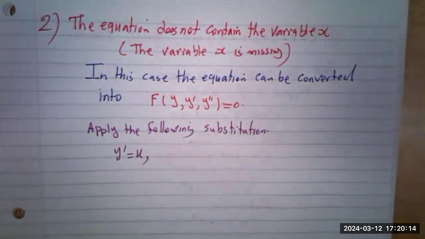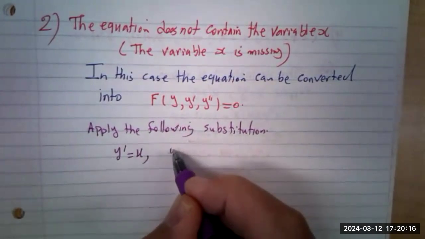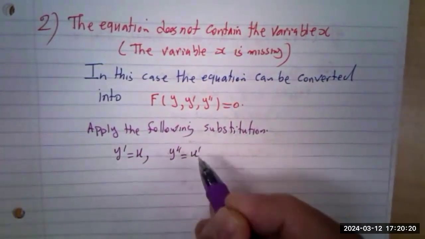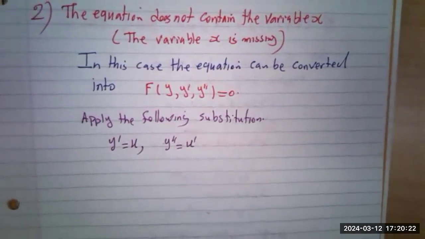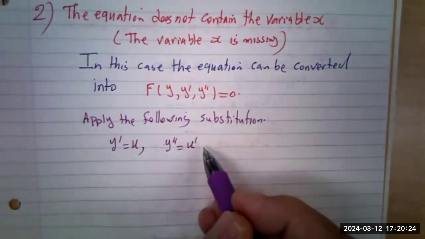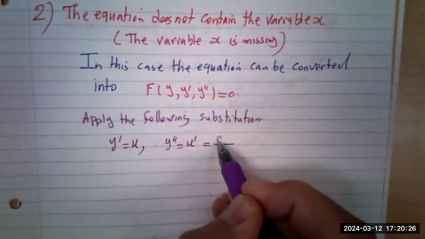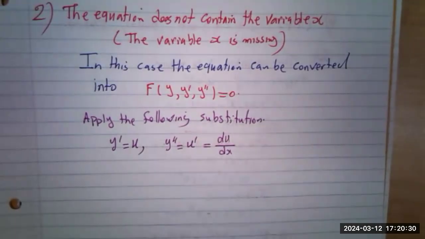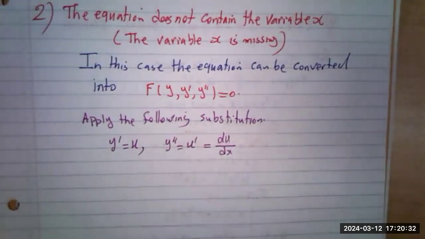Then y double prime is u prime. And what is u prime? u prime is the derivative of u with respect to x. Since you have y and y double prime, you should have the derivative with respect to y to be able to solve this equation.